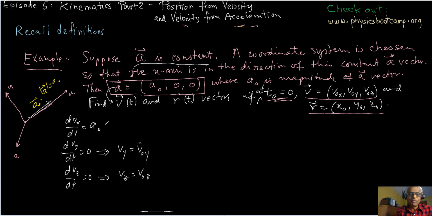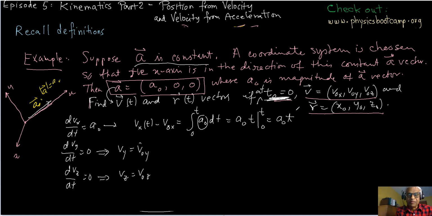So this remains the same, and this gives me vx at t minus v0x, when I integrate a0 from 0 to t, dt. This is constant, so this just becomes a0 t, from 0 to t, so this is a0 t. So it just gives me vx at time t is v0x plus a0 t.